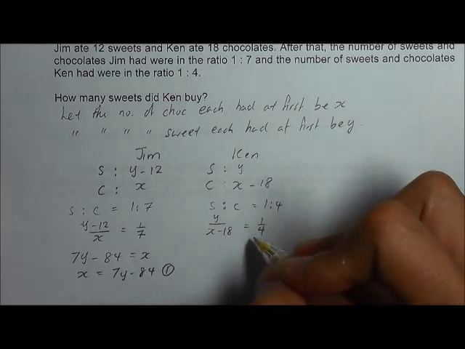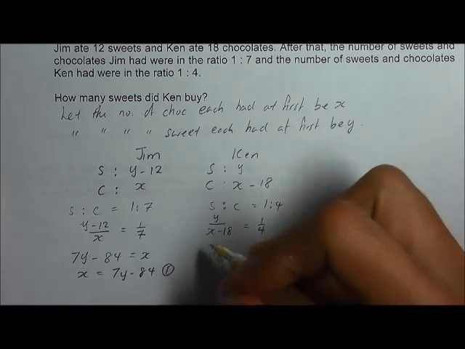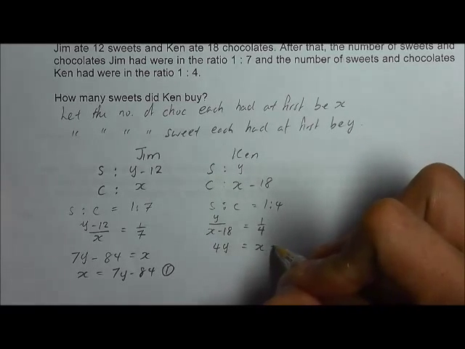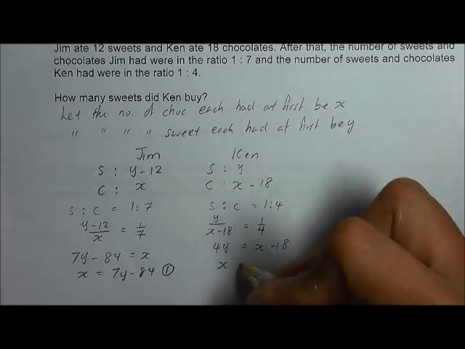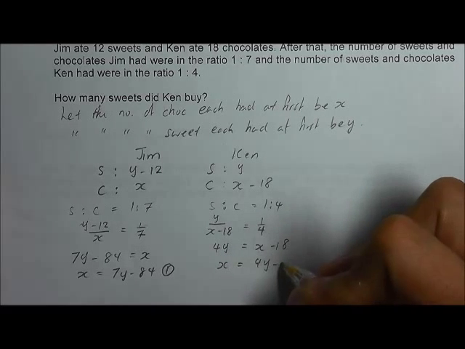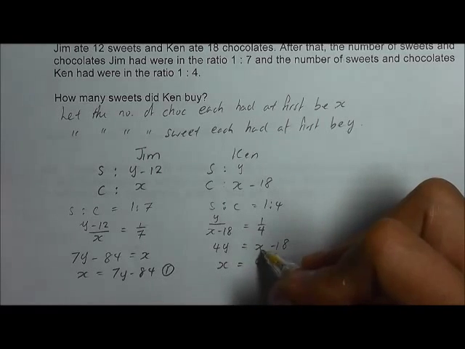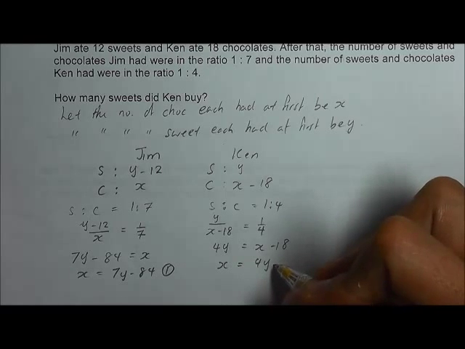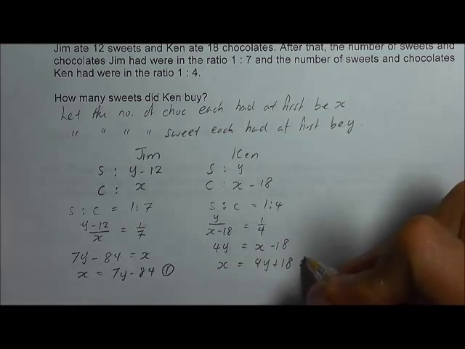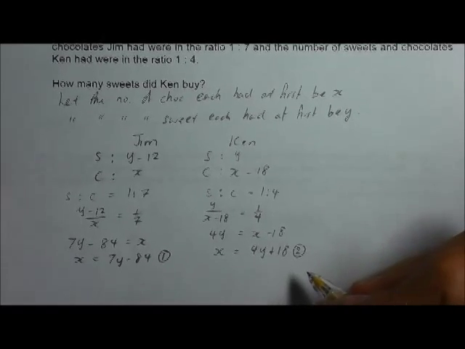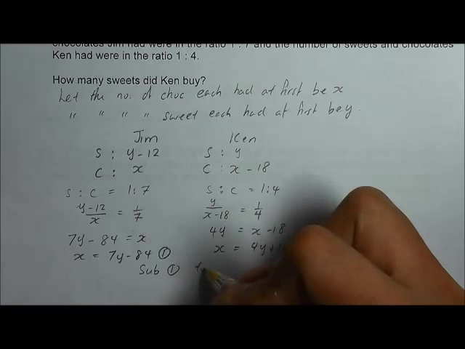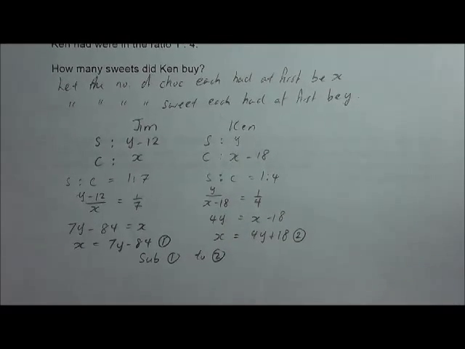Okay, on the other side, we do a cross multiply. We will have 4Y is equal to X minus 18. So X is equal to 4Y plus 18. So this is our equation 2. Okay, so we can substitute equation 1 into 2.